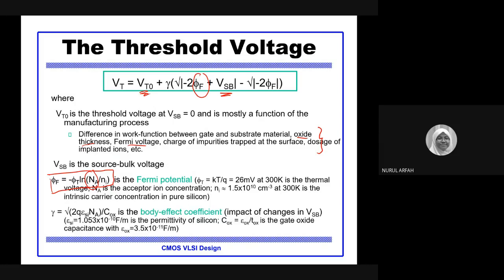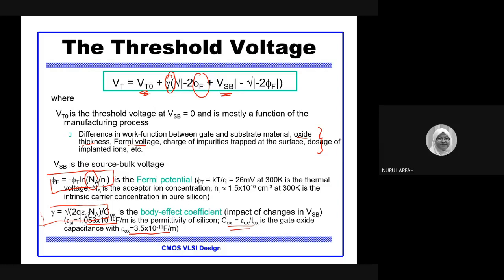For the last one, the body effect coefficient here, it is equal to this value. It impacts the change in VSB, the source bulk voltage, with the epsilon of the silicon, which is equal to this, the permittivity. It also depends on the gate oxide capacitance, which is usually equal to this if we use gate oxide or silicon dioxide.